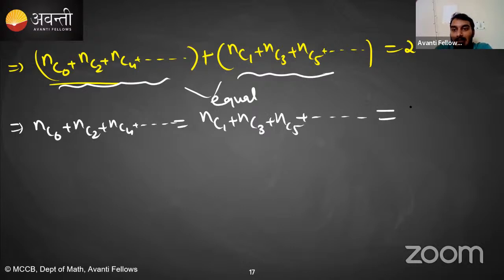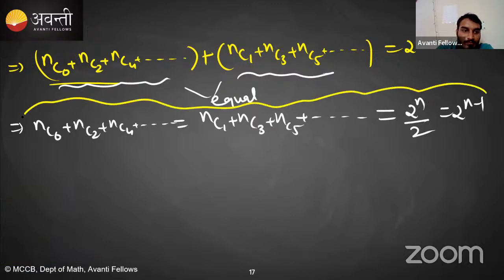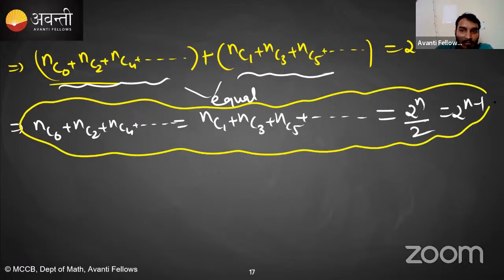And that sum is nothing but 2 raised to the power n by 2, which is 2 raised to the power n minus 1. Very, very important formula. Is that clear?